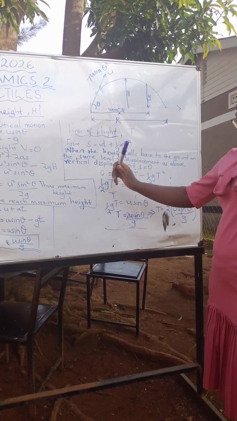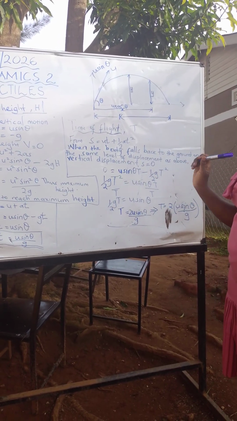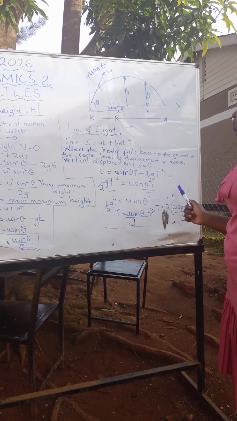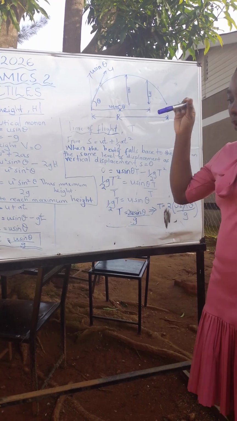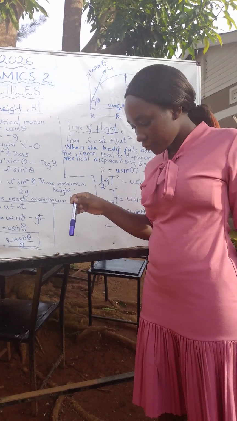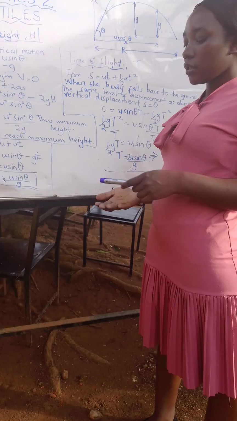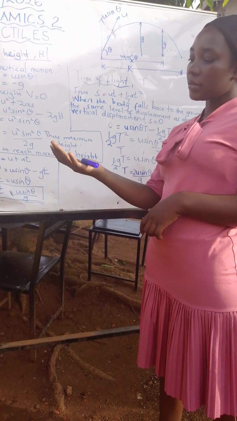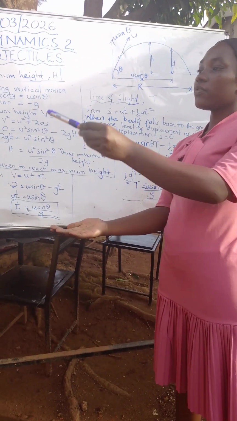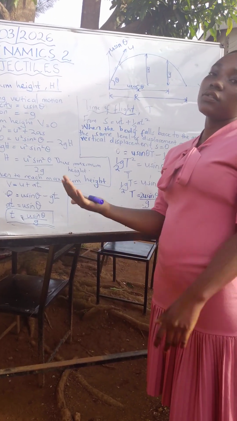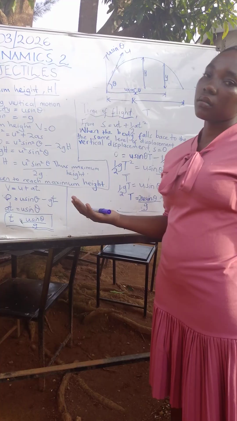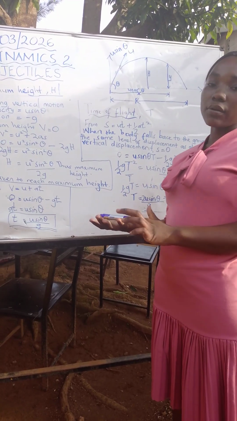So when the body falls back to the ground on the same level of displacement as above, the vertical displacement is 0. If I have a pen at this point here, on my hand, and I throw it up and it comes back, it is not vertically displaced because it has been here and now it's here.